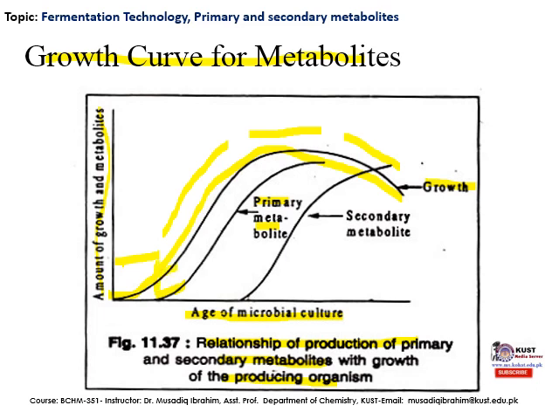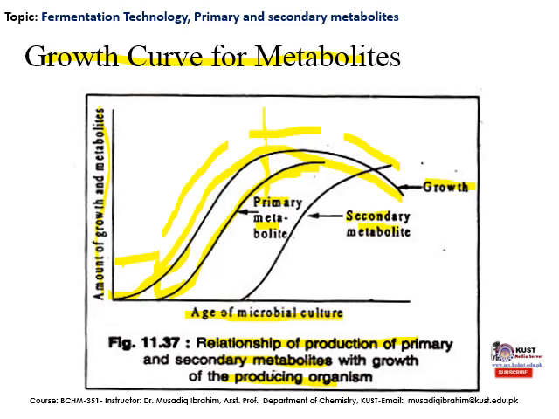So along with the growth of the microbial cells, the primary metabolites are also growing, up to a maximum of the stationary phase. So when it reaches the stationary phase, the primary metabolites are also in the stationary phase.